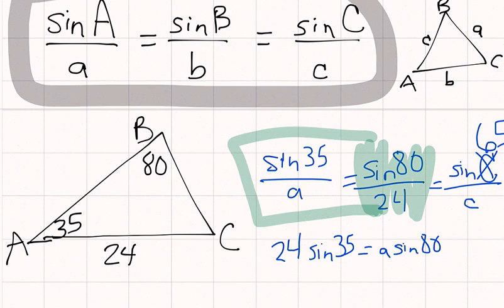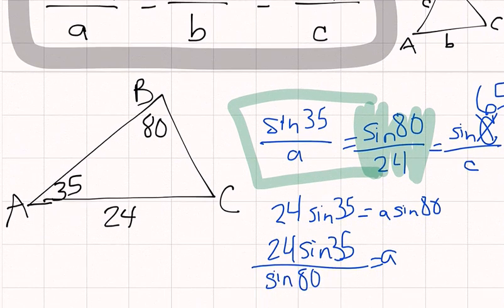So I'm going to type in 24 times the sine of 35 divided by the sine of 80, making sure to close the parentheses on that.